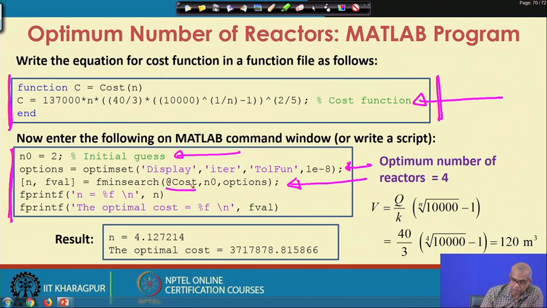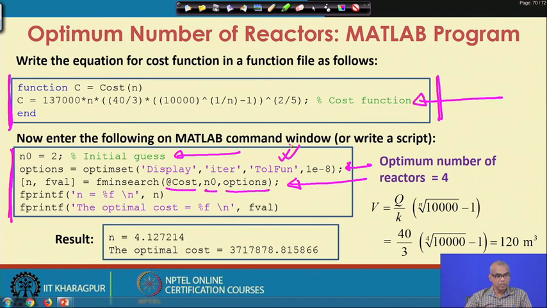So, name of the function where you are defining the cost, n0 is the initial guess and options is instruction to the solver to display the results and to set the tolerance at 10 to the power minus 8.